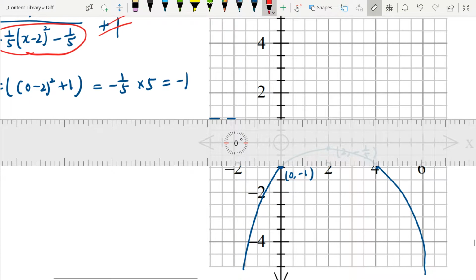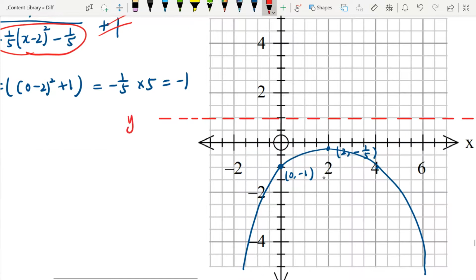Use another color. Okay, y equals 1. And where is your turning point now? It's a maximum turning point, it becomes a minimum turning point.